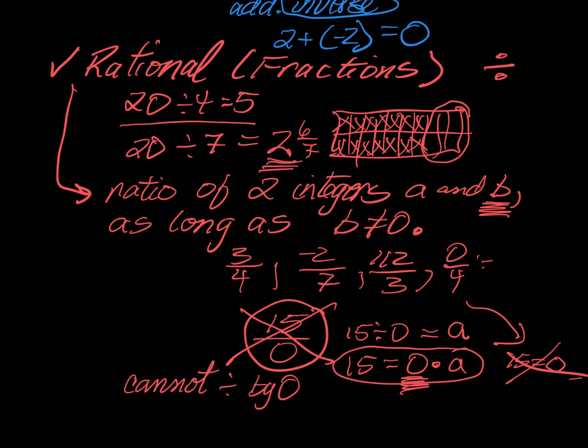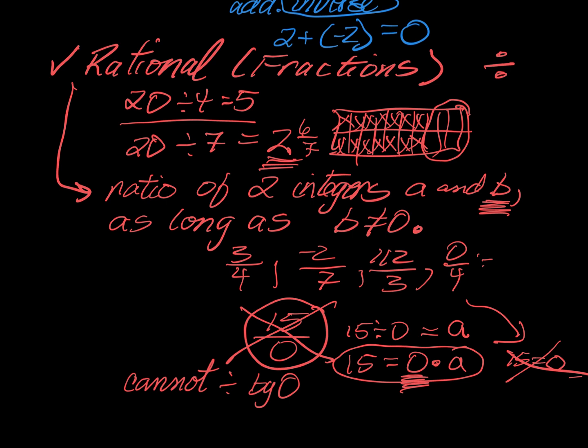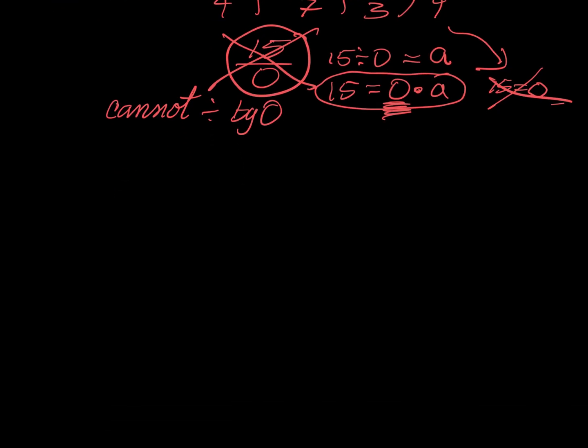Okay? Now, once you get that rational number, one of the things we start to do is write those rational numbers as decimals. Once we understand, oh hey, 2/4 is the same thing as saying 2 divided by 4, we start to write those as decimals.